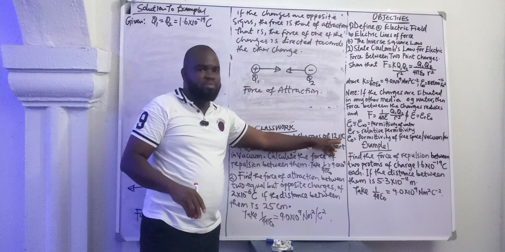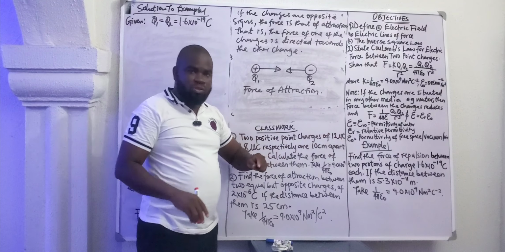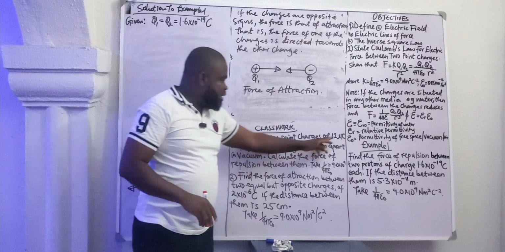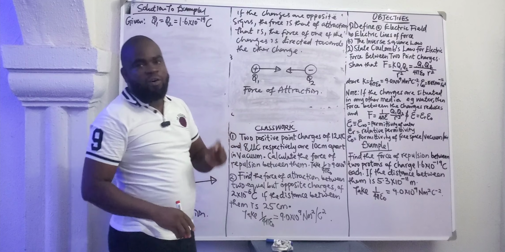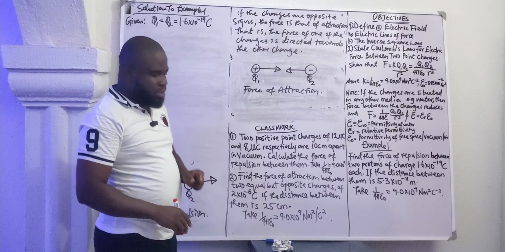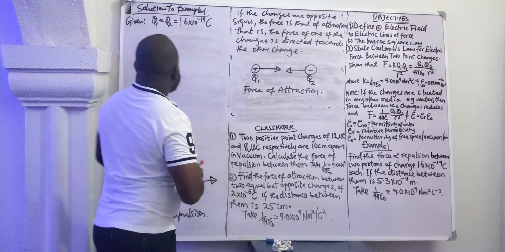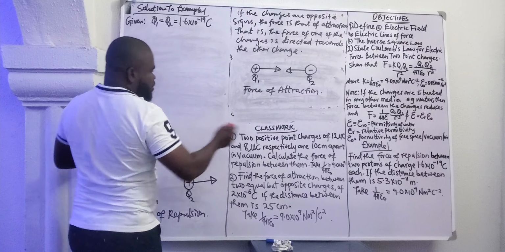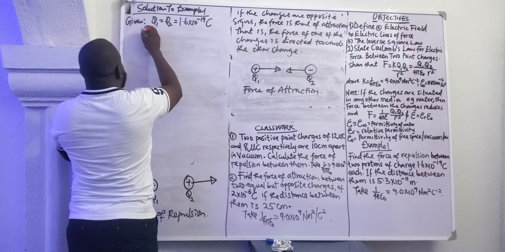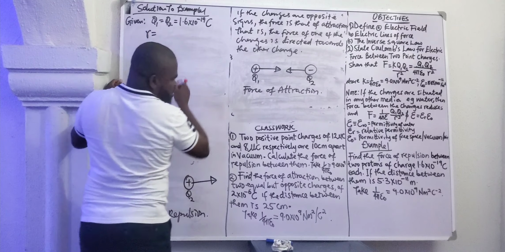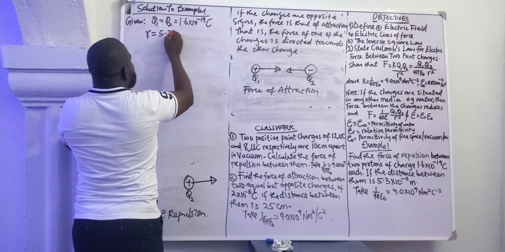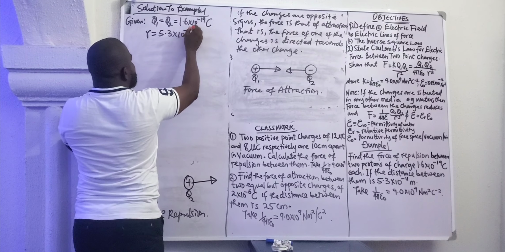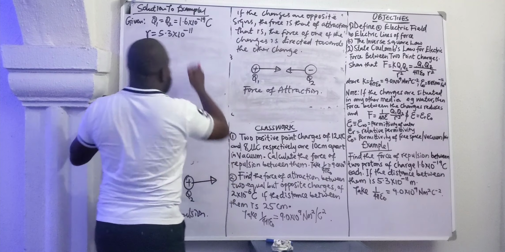You must remove this micro sign to continue in the solution. Micro is 10 raised to the power of minus 6, so be careful to use it in your solution. The distance we are given, R, is 5.3 times 10 raised to the power of minus 11 meter.